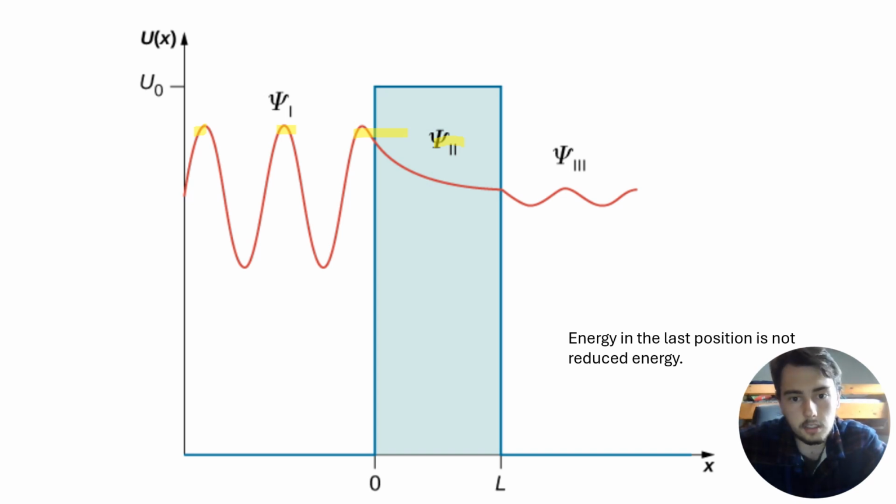And then on this other side, this third side, is the probability of where this particle is going to be. So we can see it's probably right here, right at the high point. That's most likely where it's going to be. And one important thing to note is that this is not representative of energy, but this is representative of probability.